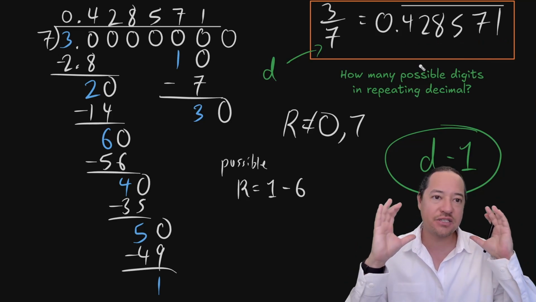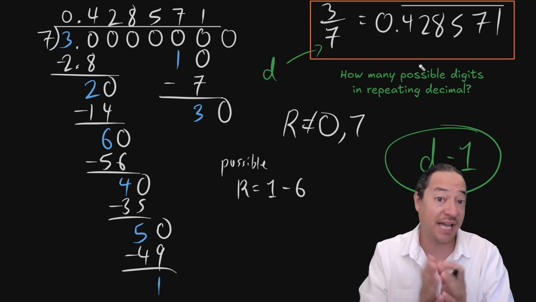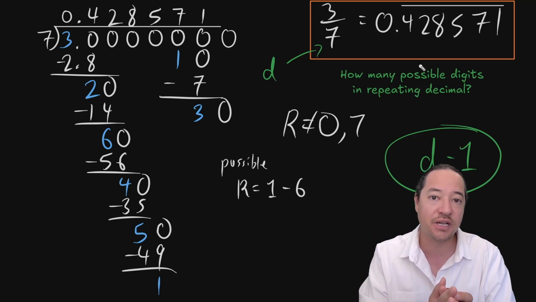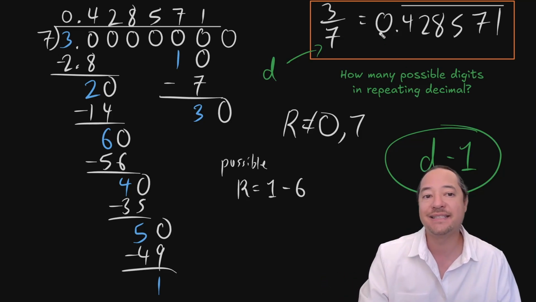That's the largest possible repeating unit you could get. You could have less, like a 1 or 2 digit repeating unit, or maybe it terminates. But you could never go over 76 digits.